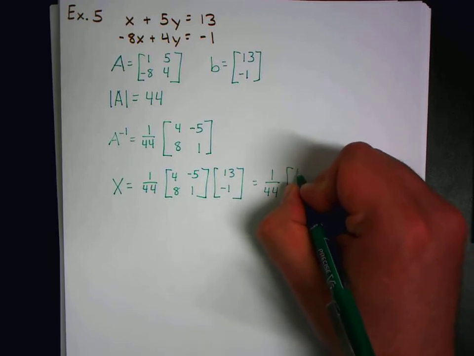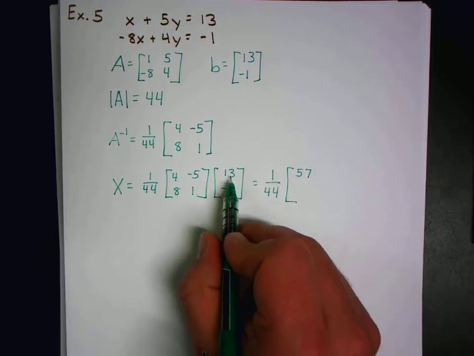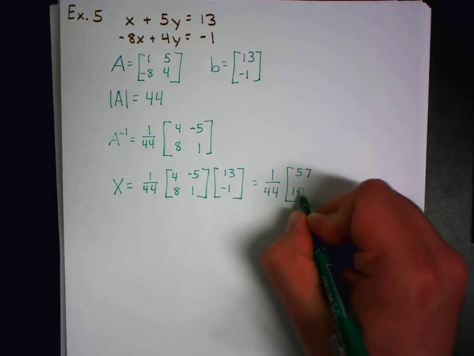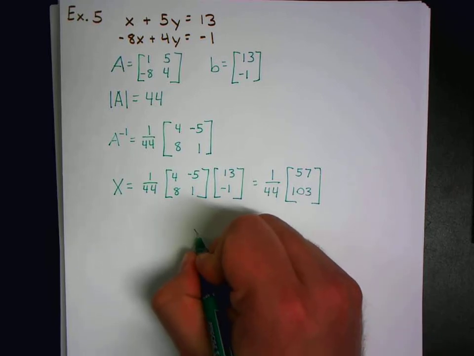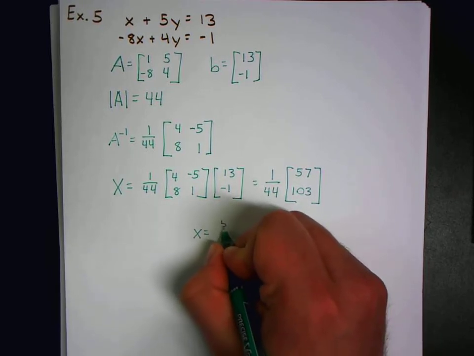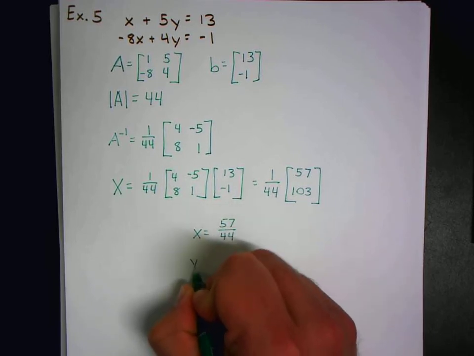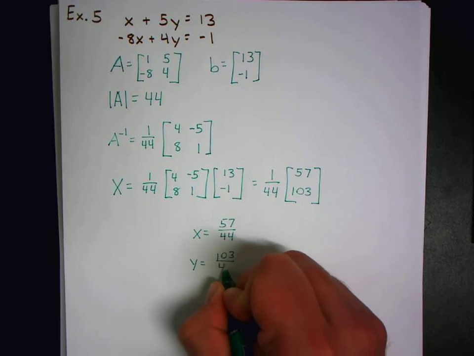So that'd be 57. 8 times 13 is 104 plus negative 1. So that's 103. So that means X is 57 over 44 and Y is 103 over 44.